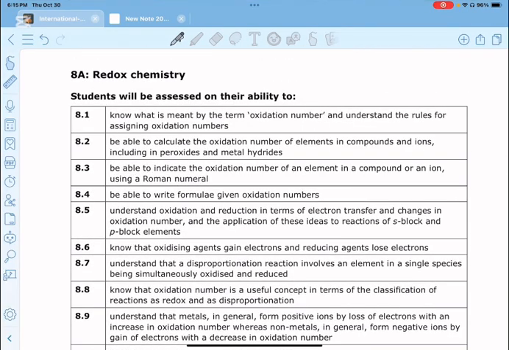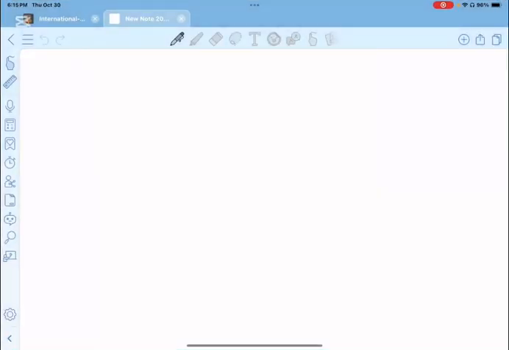So, let's begin. 8.1. Know what is meant by the term oxidation number and understand the rules of assigning oxidation numbers. The main thing about redox that we need to know is what redox itself is.